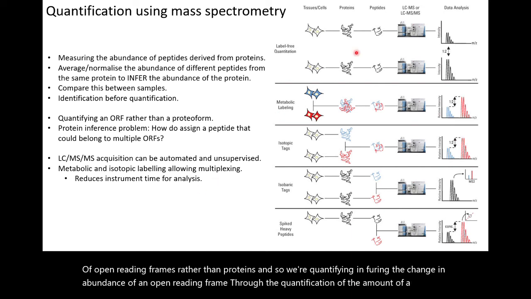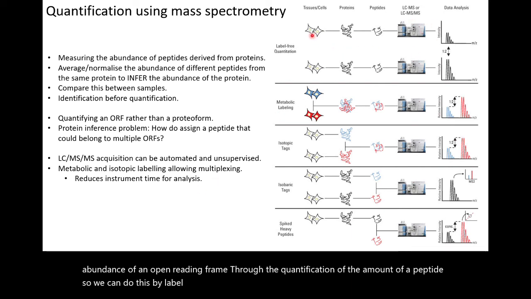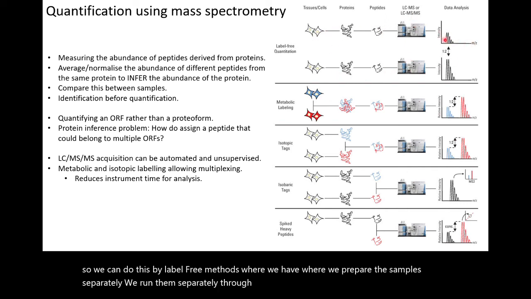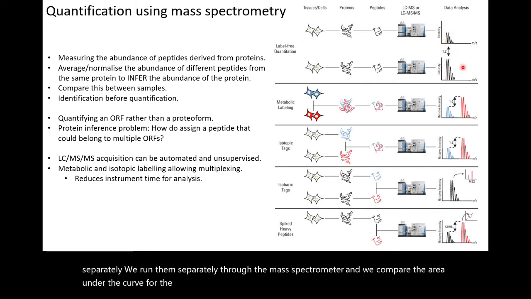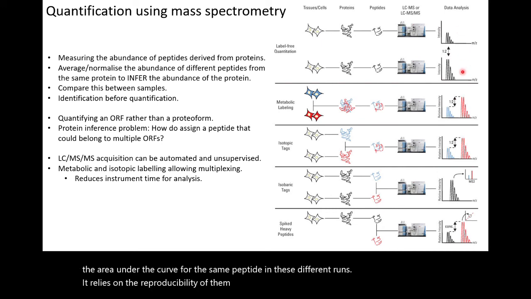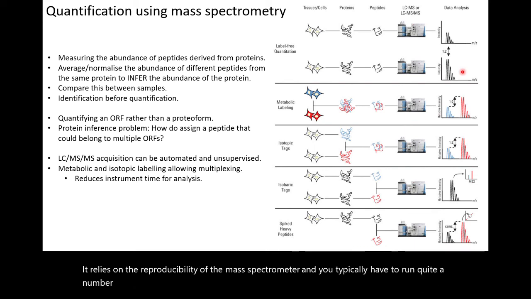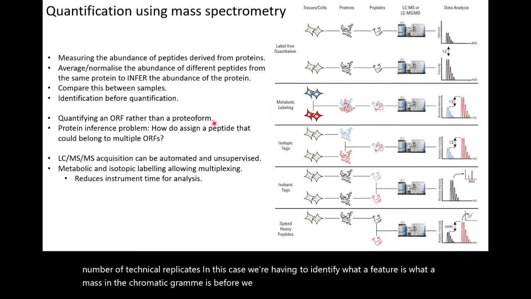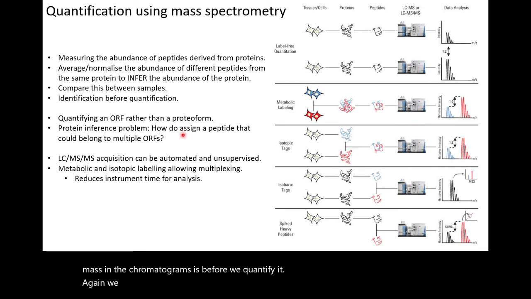So we can do this by label-free methods where we prepare the samples separately, we run them separately through the mass spectrometer, and we compare the area under the curve for the same peptide in these different runs. It relies on the reproducibility of the mass spectrometer, and you typically have to run quite a number of technical replicates. In this case, we're having to identify what a feature is, what a mass in the chromatogram is, before we quantify it. Again, we're identifying open reading frames rather than proteoforms.